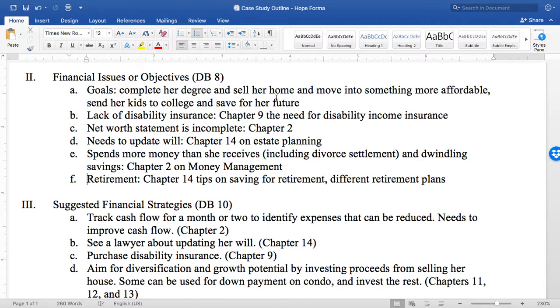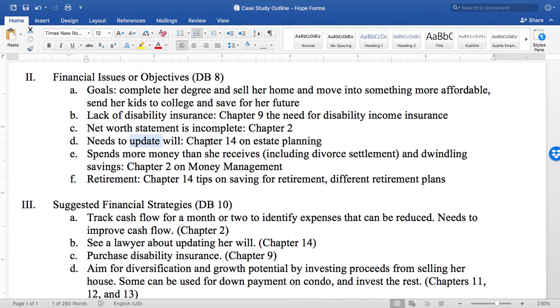So you'll notice when I outlined these aspects that I identified in her case study, I also pointed out where I can find content that would explain the importance of each piece. So, for instance, lack of disability insurance, Chapter 9 covers why we have to have disability income insurance. Or updating her will, we read about estate planning in Chapter 14 and the importance of it.